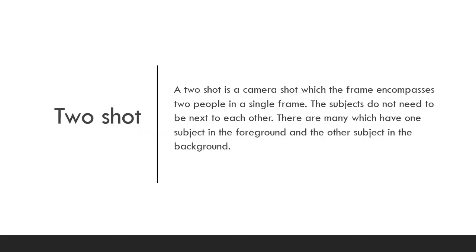A two shot is when the camera encompasses two people in a single frame. The subjects don't need to be next to each other, because there's more than one way you can create a two shot in a film.